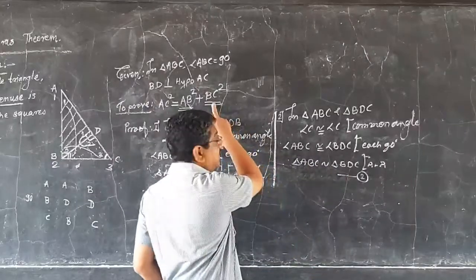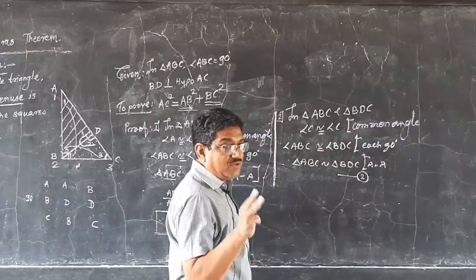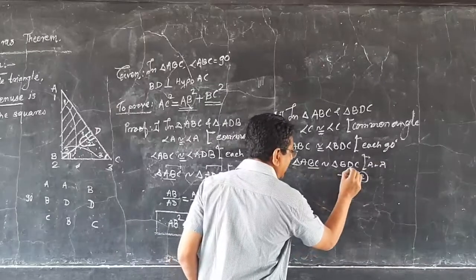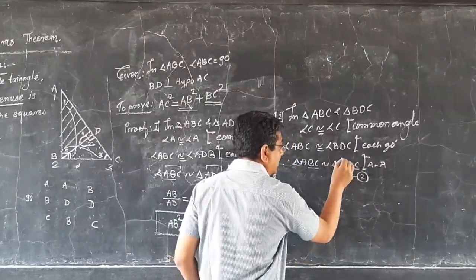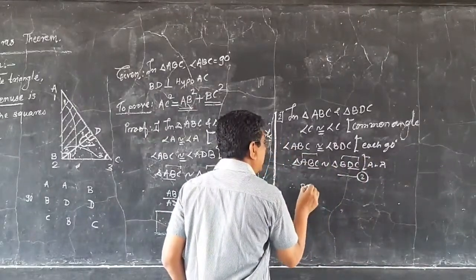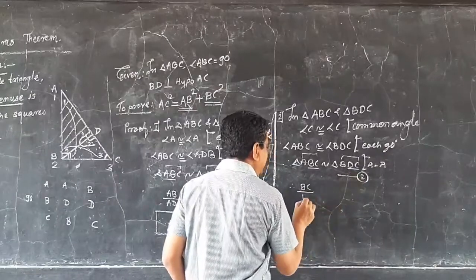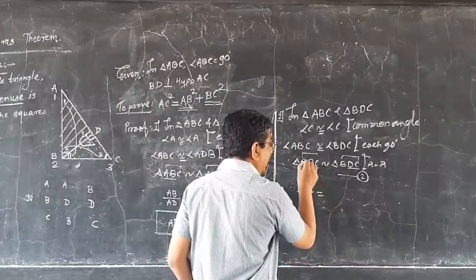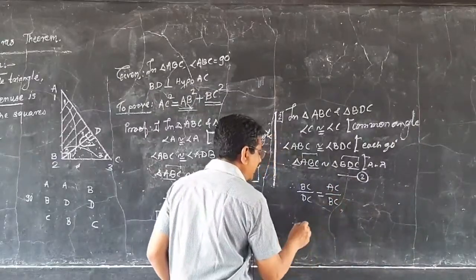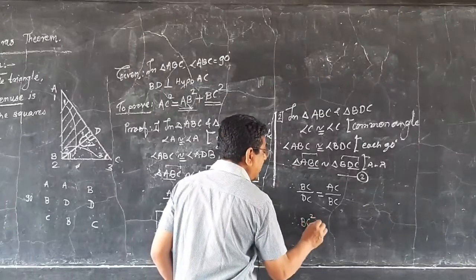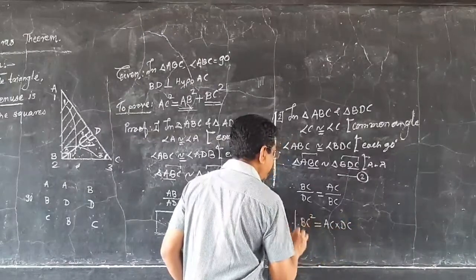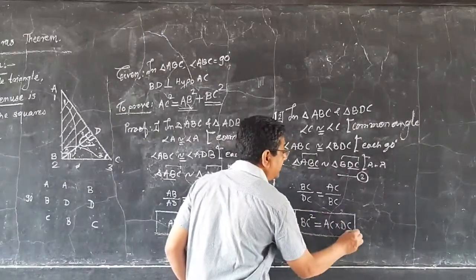You have to use the segment BC twice, so take the two ratios which contain BC only. Here BC, then I take the corresponding side DC. Here BC, then I take AC. Therefore, BC upon DC is equal to AC upon BC, and by cross multiplication BC square is equal to AC multiplied by DC. This is statement second.